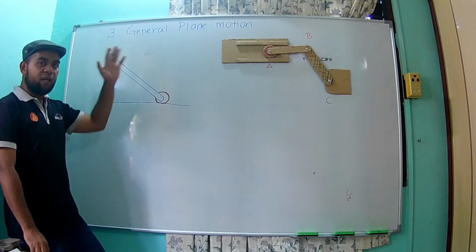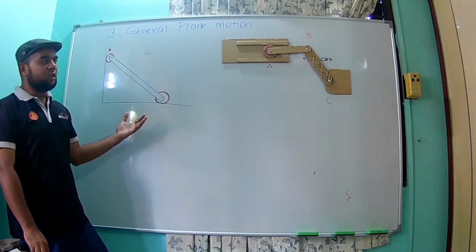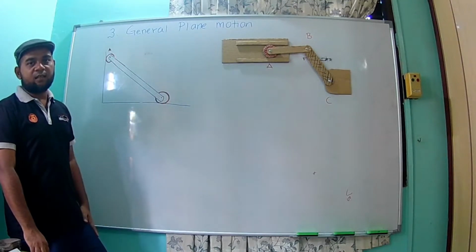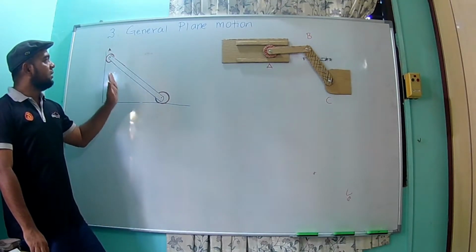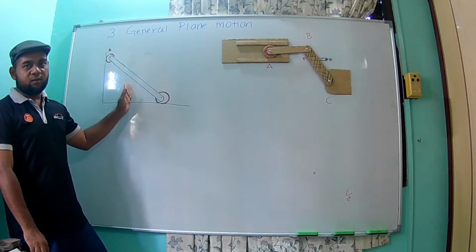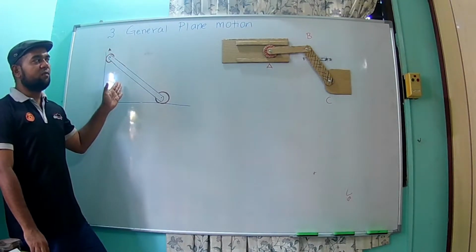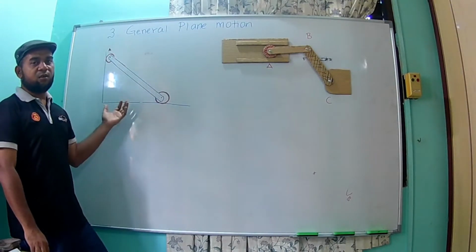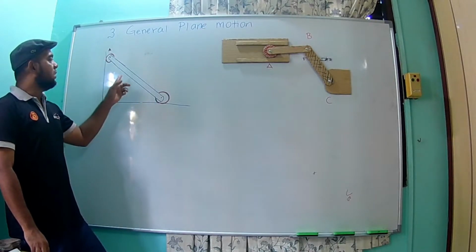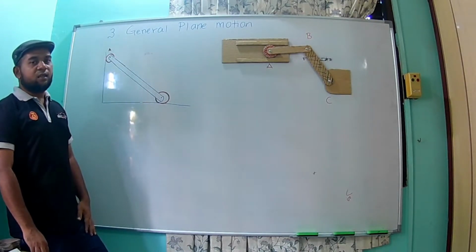Other than that, if you cannot put the type of motion in those three categories, it will all be general plane motion. That means we cannot say the component is a rotation or a translation and so on, so we put it into general plane motion.